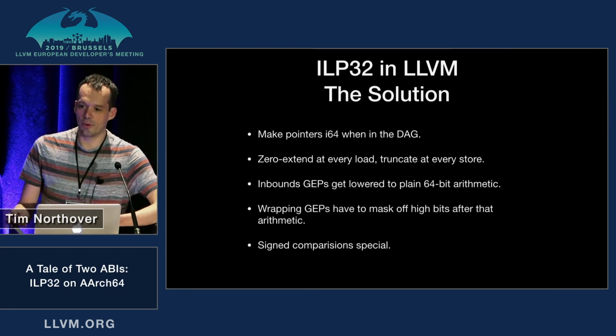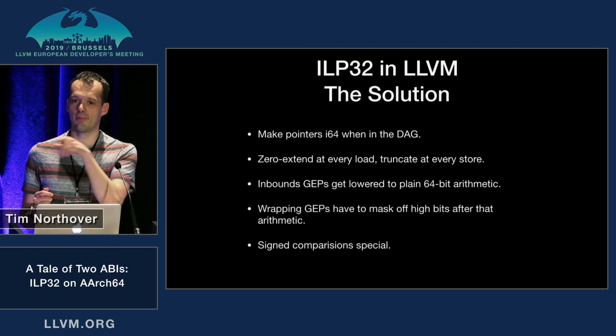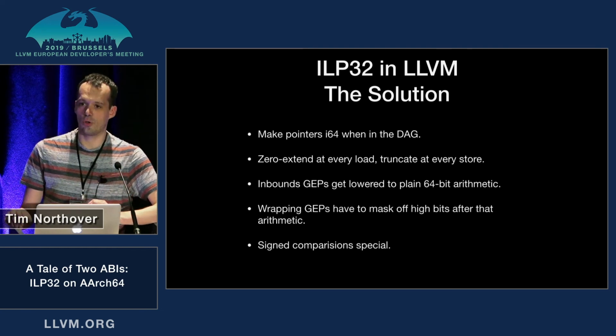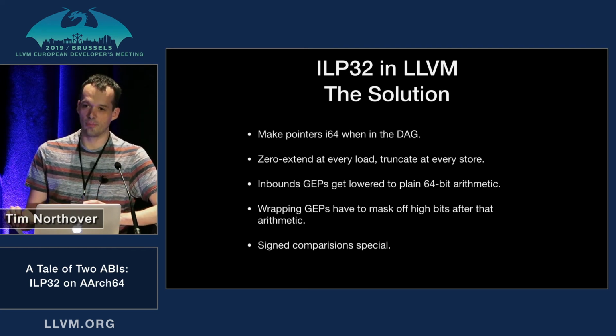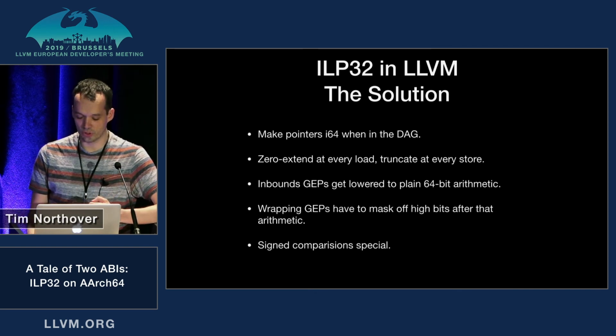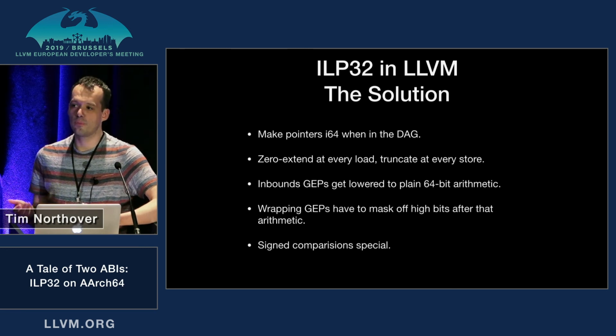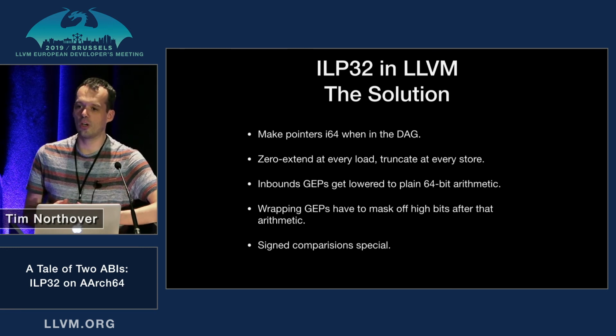Wrapping GEPs, the very rare case, you have to actually insert a manual and with 0xFFFFFFFF to make sure that it does wrap after the calculation, but that's acceptable because there are so few of them, it doesn't really affect performance. And there are a couple of other operations that are special. If you've zero extended your pointers, you can't hope to do a signed comparison on them except for equality.